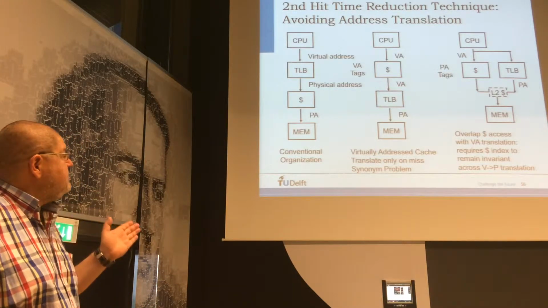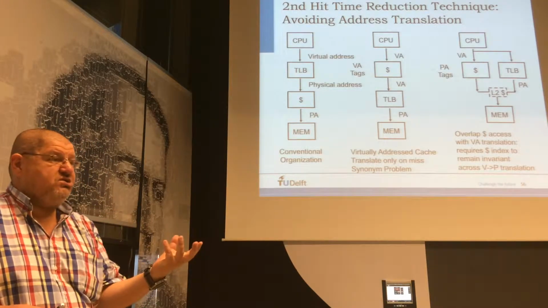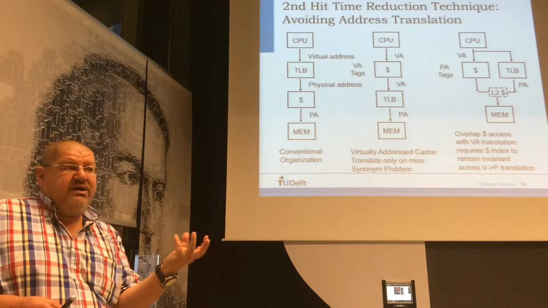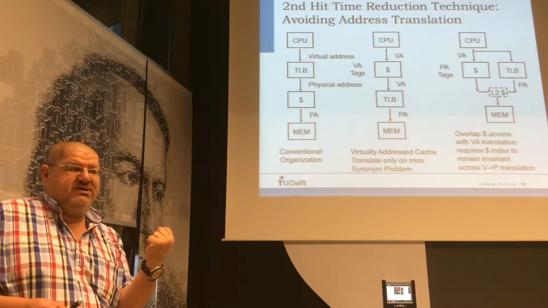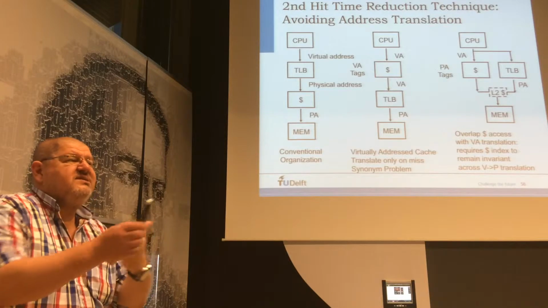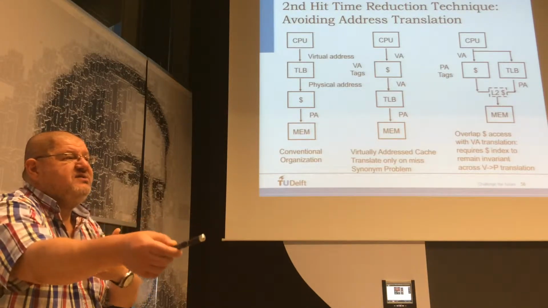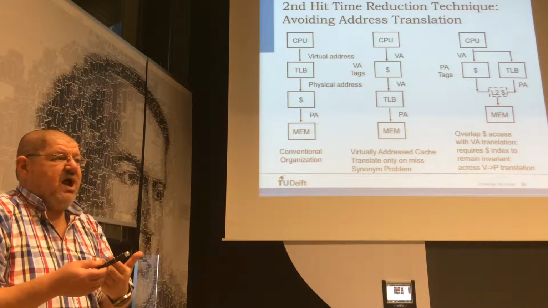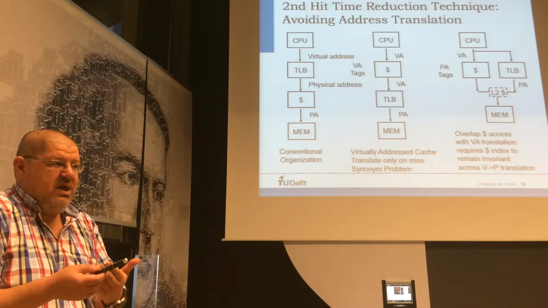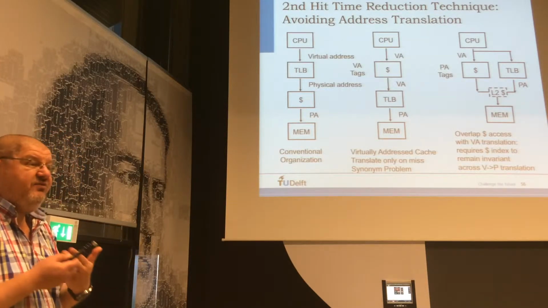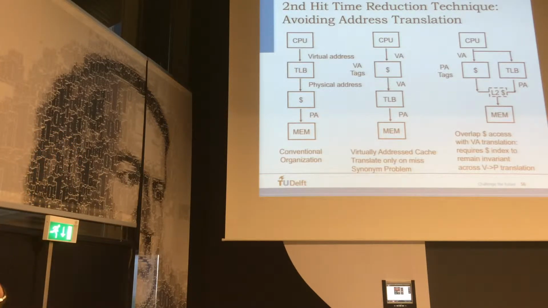I can go for a solution where my cache is organized based on the virtual address. There is a translation anyway between the physical address and the cache. I have to do that anyway. Now, if I do that, the benefit will be that I am looking in the cache directly with the virtual address. If it is there, I do not pay any time in doing the virtual address transformation.